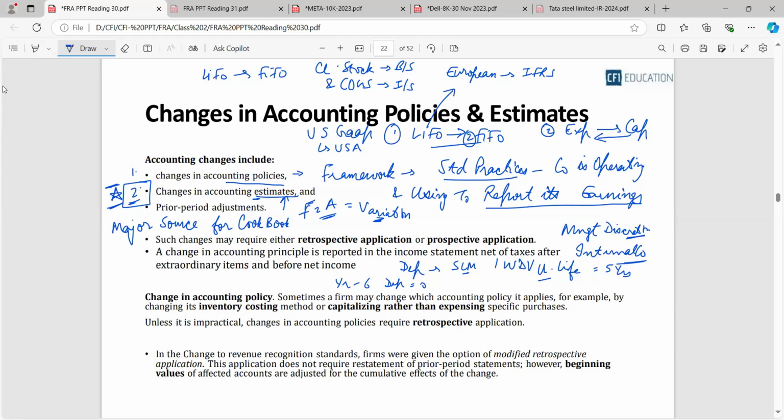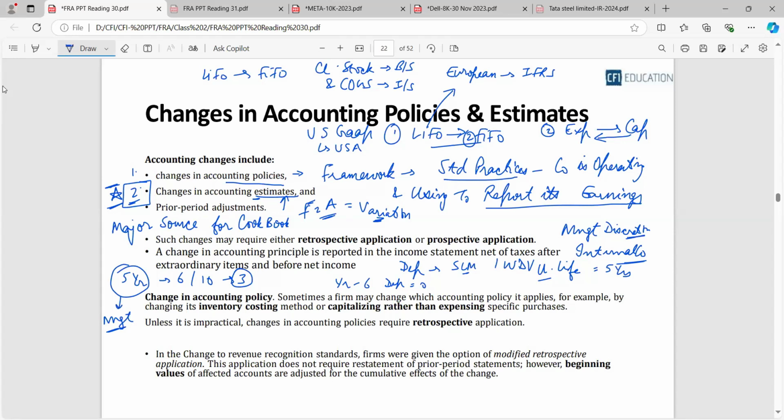Going on that line, in that example which I gave you, first of all, how are we able to derive our expectation that its useful life will be only 5 years? It can be 6 years, it can be 10 years, it can even be 3 years. How we are deriving our estimate, it is again the management doing all of these discretionary activities.